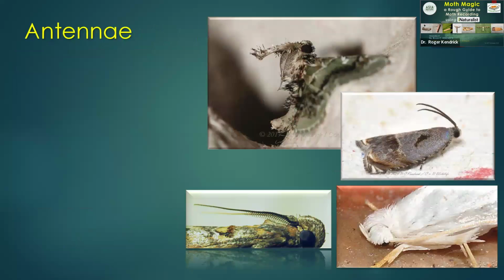Now, looking sideways, look at the antennae, and this is where you really appreciate having a good macro facility on your phone or on your macro lens for your digital SLR. Getting in to see how the base of the antenna is modified here. This is actually part of the antenna. That's the main part of the antenna there, but this is a modification of the base of the antenna.